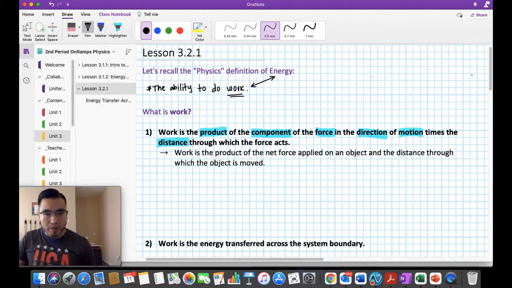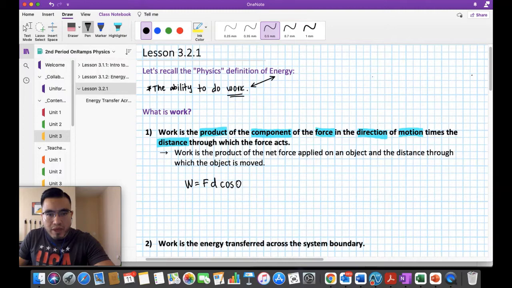We can summarize this definition with the equation for work, which is capital W equals force, an ugly F, let's try that again, force times distance times the cosine of theta, right? And then let's define these terms real quick.